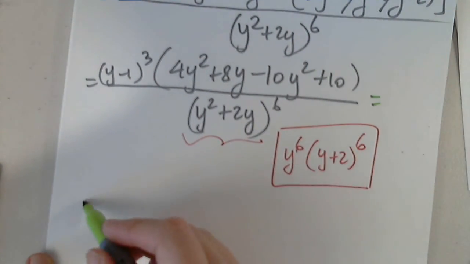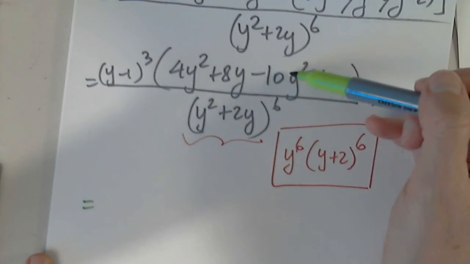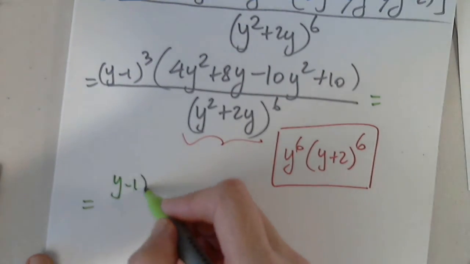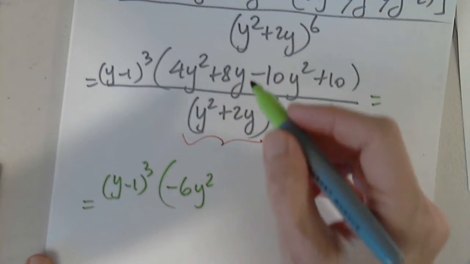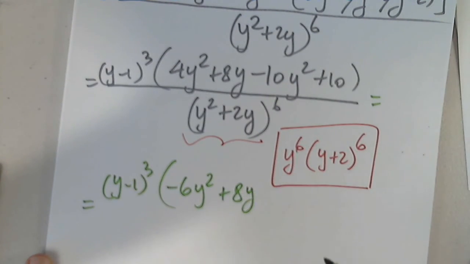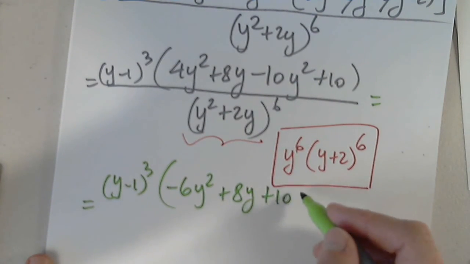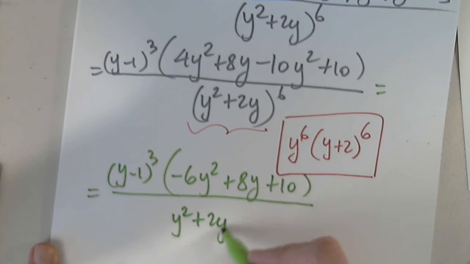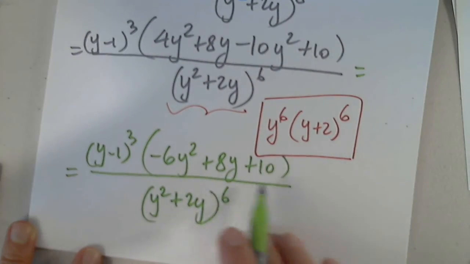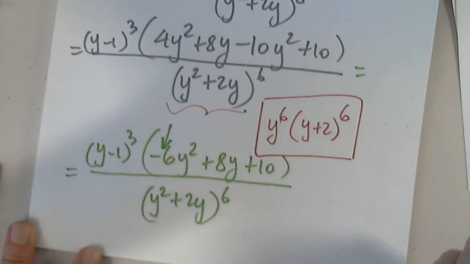Okay, so let's see the final answer. I have negative 10, so it's y minus 1 to the third. I do have a negative 6y squared. I do have a positive 8y and a positive 10. Y squared plus 2y to the 6th. And yes, I will factor out negative 2, because I don't like a negative leading coefficient.